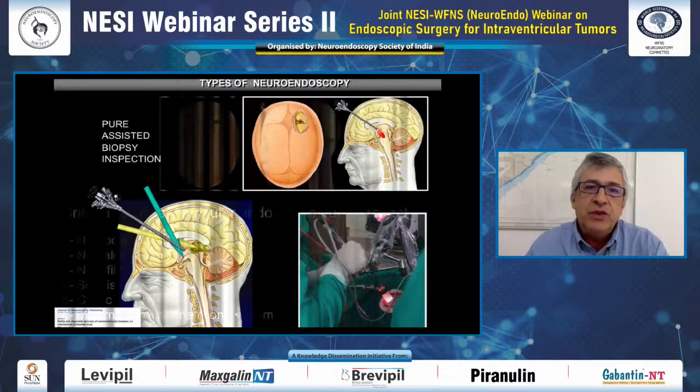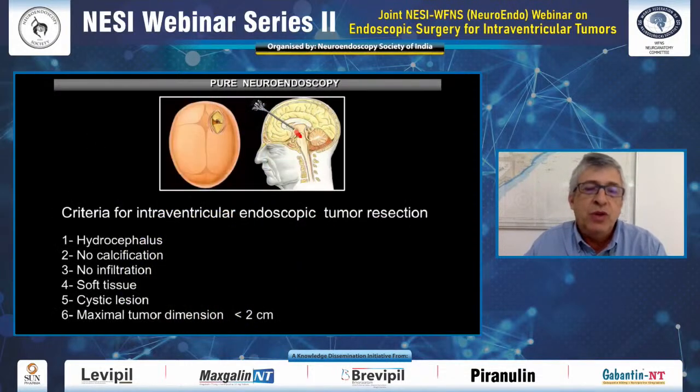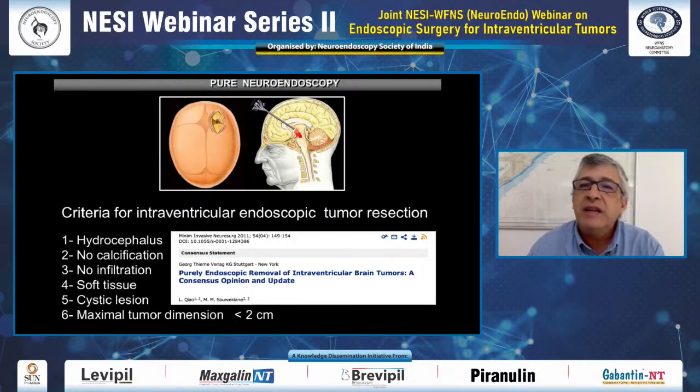So you can use each kind of the procedure. So what is the criteria in the literature for intraventricular endoscopic tumor resection? There should be hydrocephalus, no calcification, no infiltration of surrounding soft tissue, a cystic lesion, and a maximum tumor dimension less than 2 centimeters. It's not true, but it's the literature.